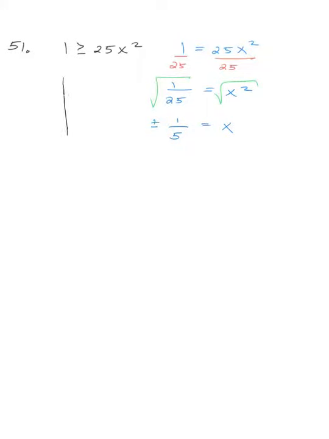So if you were to graph this thing, and you want to know the solutions to this equation, let's see, we get a couple of numbers that are very close to 0. So what I'm going to graph is where is 25x squared minus 1 less than or equal to 0?